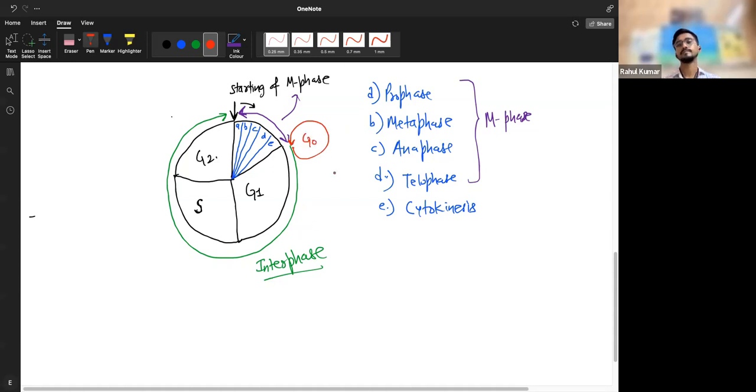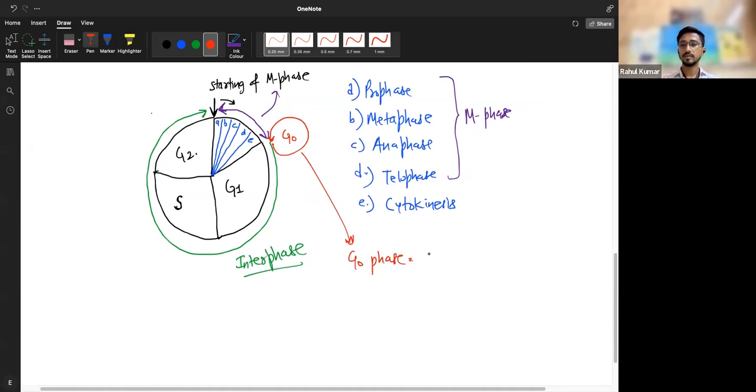Now this G0 phase happens in very few kinds of cells, and it is called the quiescent phase. Quiescent phase means no cell growth or division.